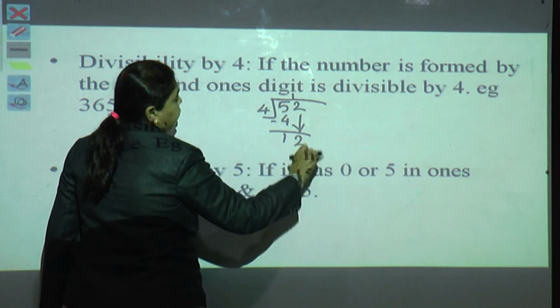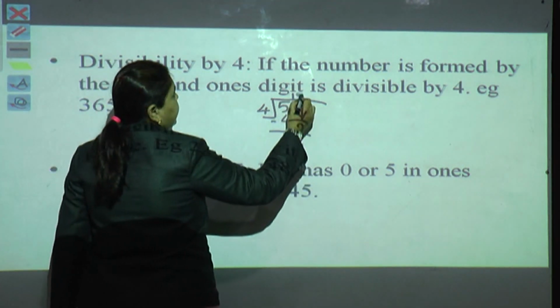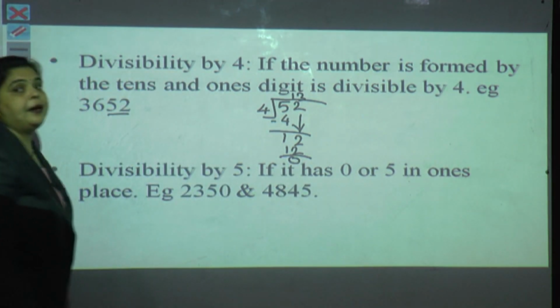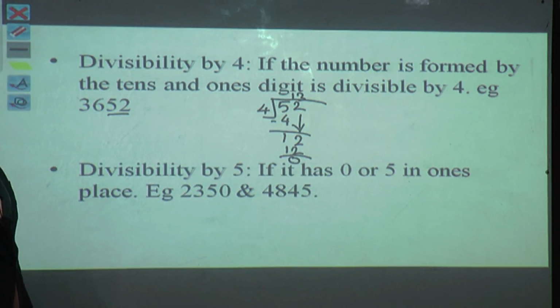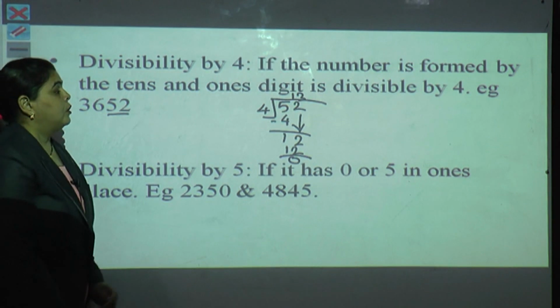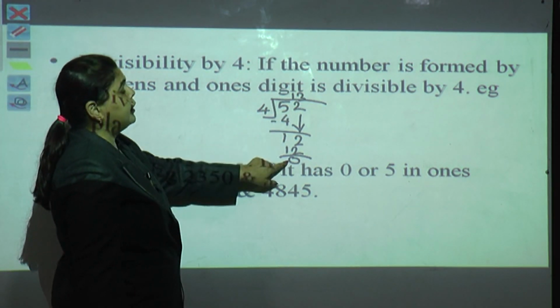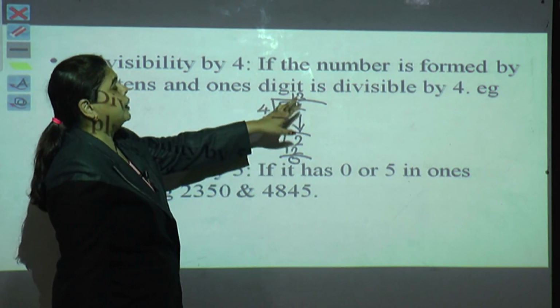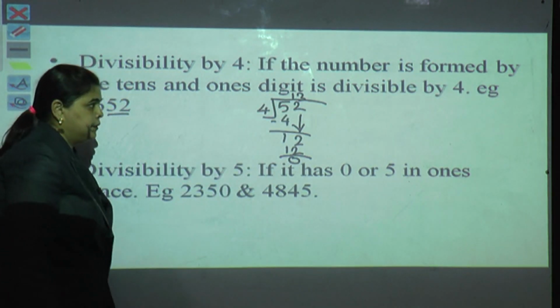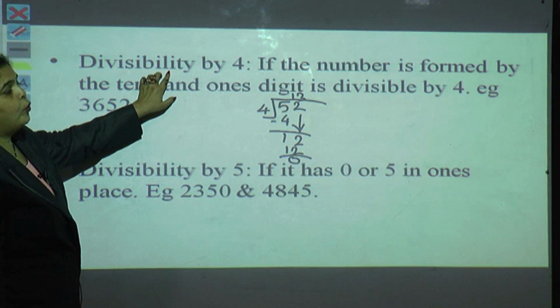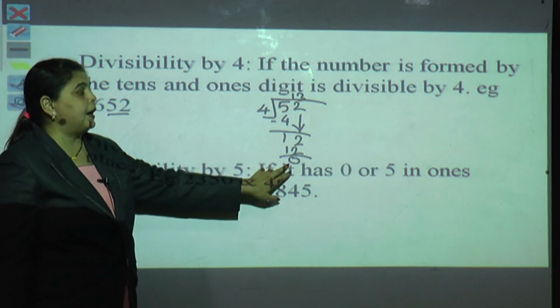This we will get as a 2. 4 threes are 12. What we got as a remainder is 0. So this number is practically divided by 4, giving a remainder of 0. The quotient we are getting is 13. So this number is divisible by 4, giving a remainder of 0.